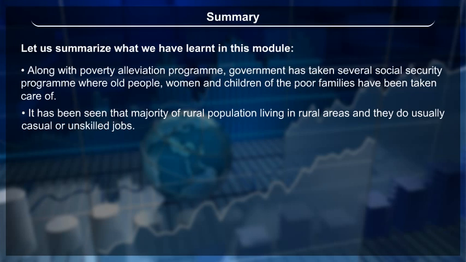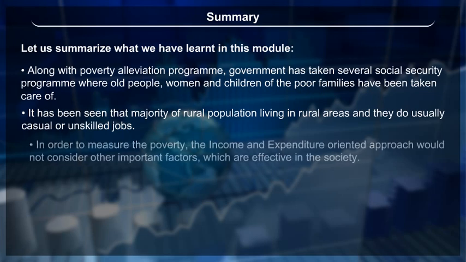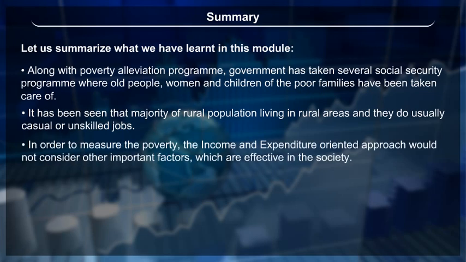It has been seen that the majority of the population lives in rural areas, and they usually do casual or unskilled jobs. In order to measure poverty, the income and expenditure oriented approach would not consider other important factors which are effective in the society.